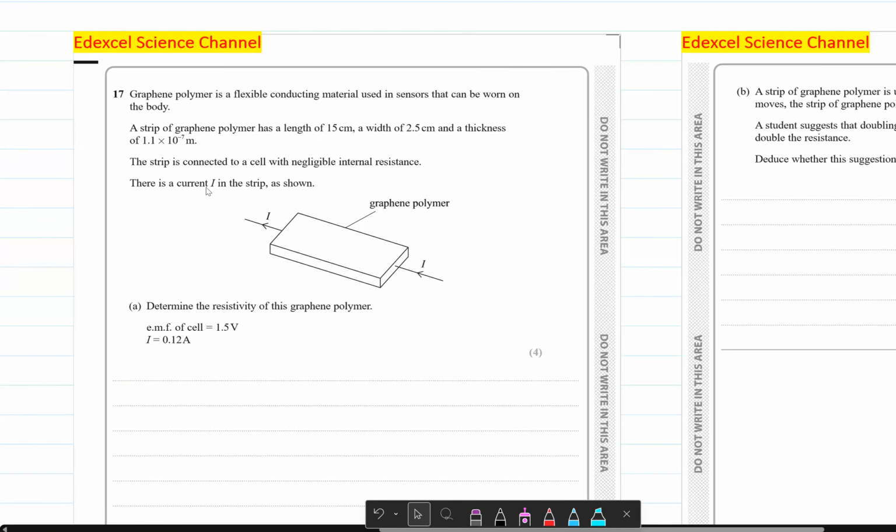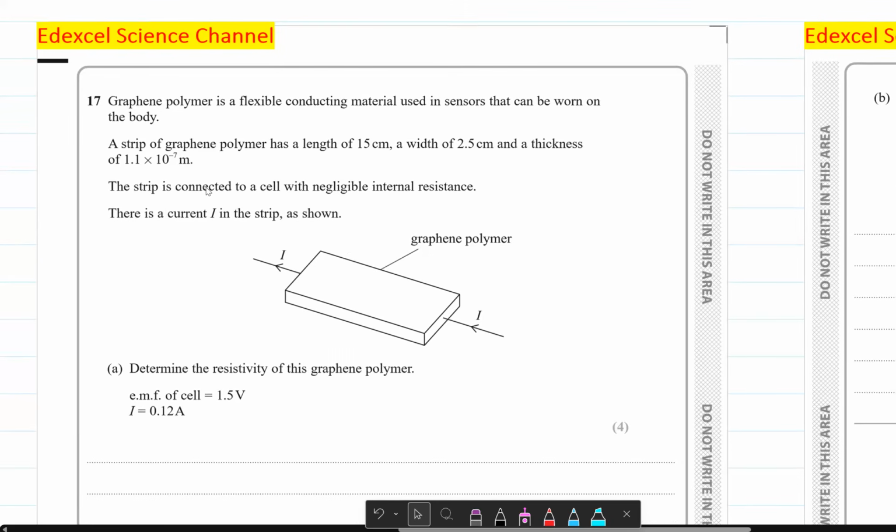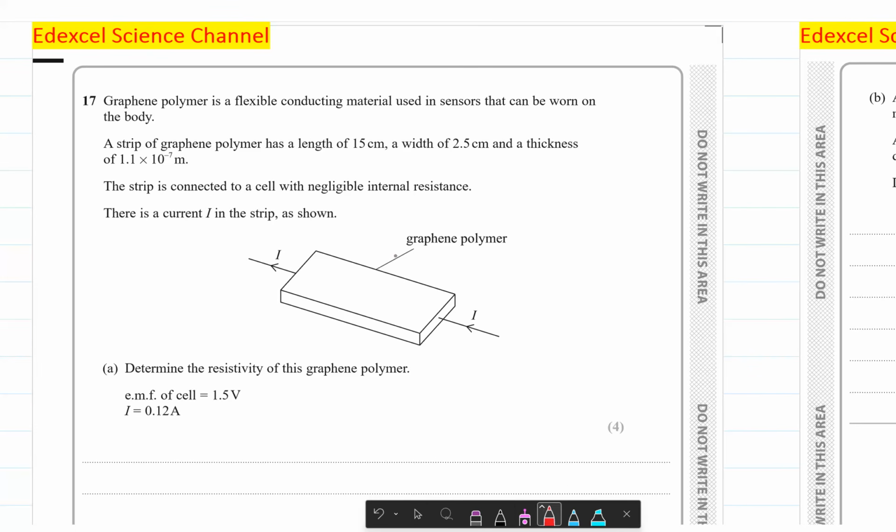So let us first of all write down all the information that we know in this diagram, so that it's easier for us. The length of this polymer is 15 centimeters. The width of this polymer is 2.5 centimeters.